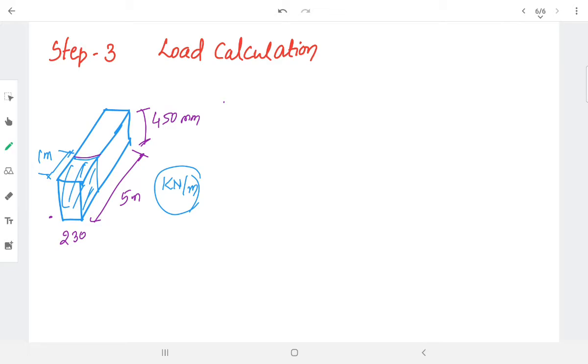Now here I'll also calculate the dead load in the form of UDL. It is equal to breadth times depth times density of the concrete. If it is length, I am not taking it because it is equal to 1.